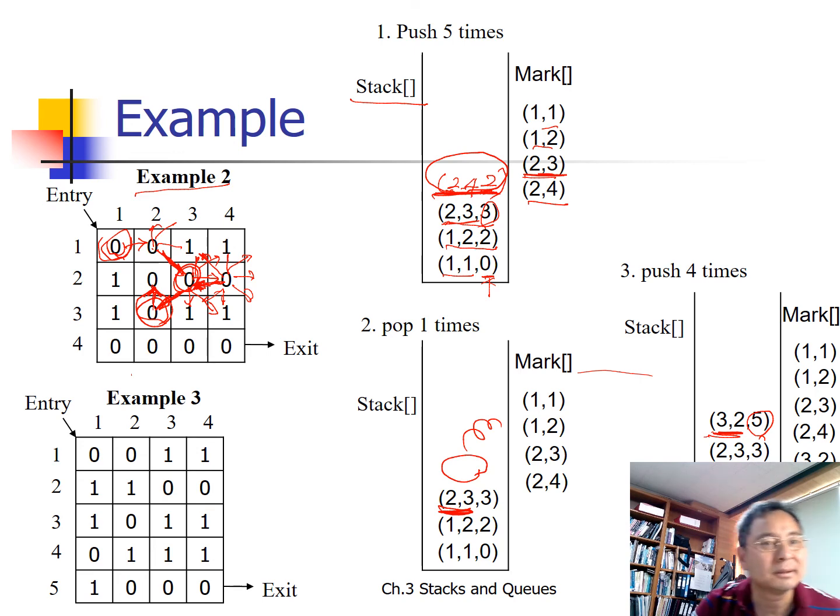So, okay, it is not the correct one here. So we must modify here again, and we must store 2,2 and direction 0 here after 3,2.